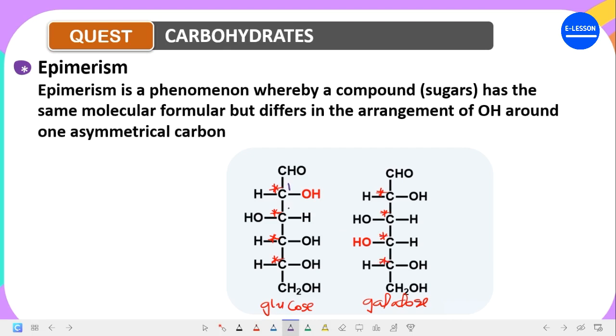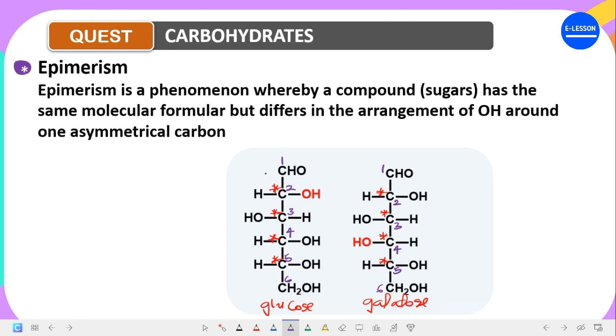This is number 1, 2, 3, 4, 5, 6. And here is 1, 2, 3, 4, 5, 6.